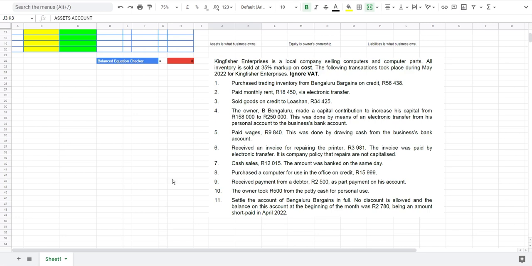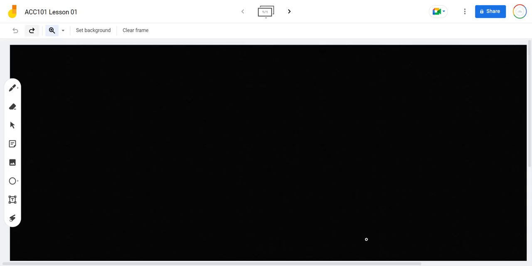Ignore VAT. The first transaction says purchased trading inventory from Bengaluru Gains on credit, 56,438. Let's analyze the information. The company purchased what?